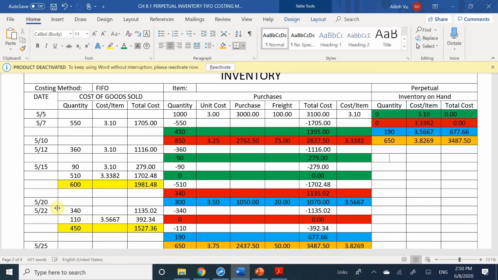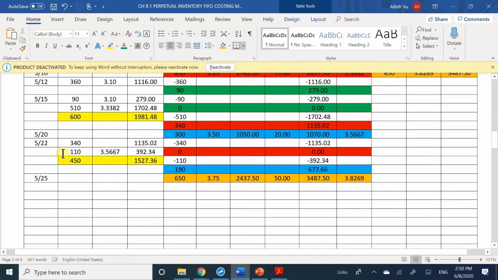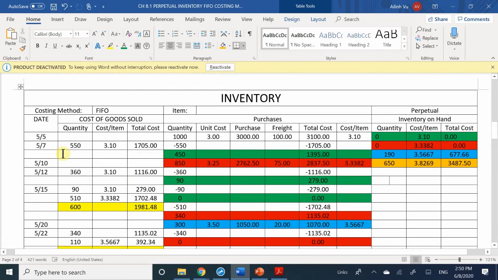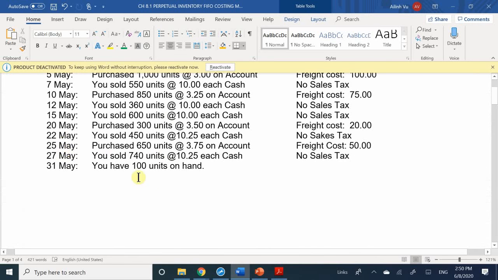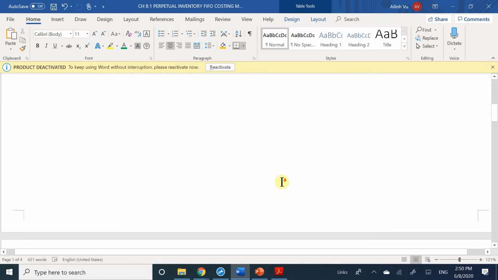If we add the two remaining batches, we have 190 plus 650, and that's 840. So yes, leaving our ending balance with 100 units left over. That is correct, and if you did this correctly, that is exactly what we have left over.